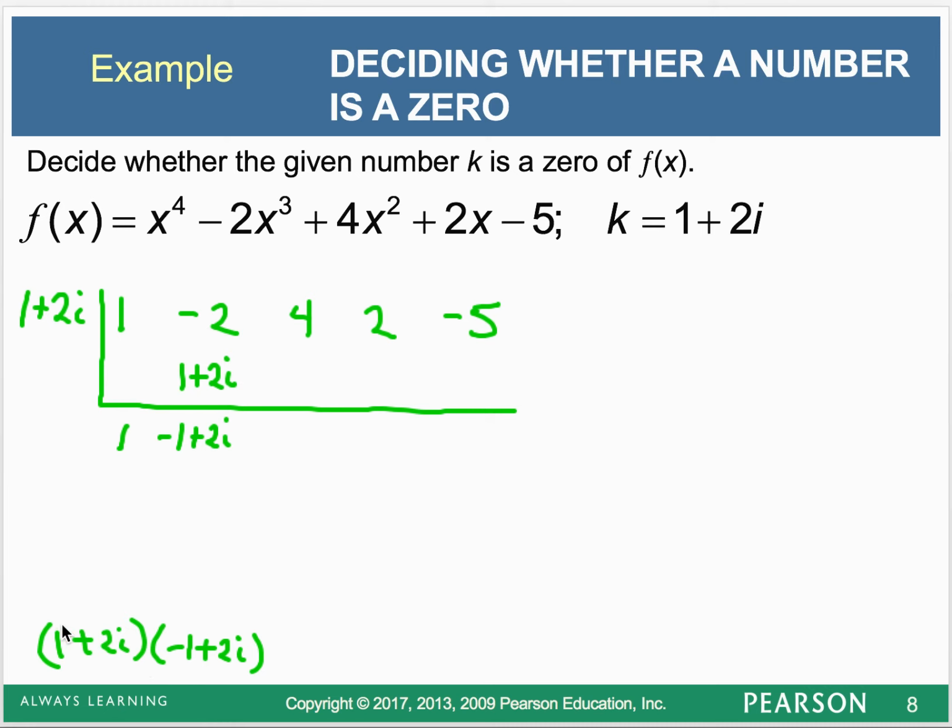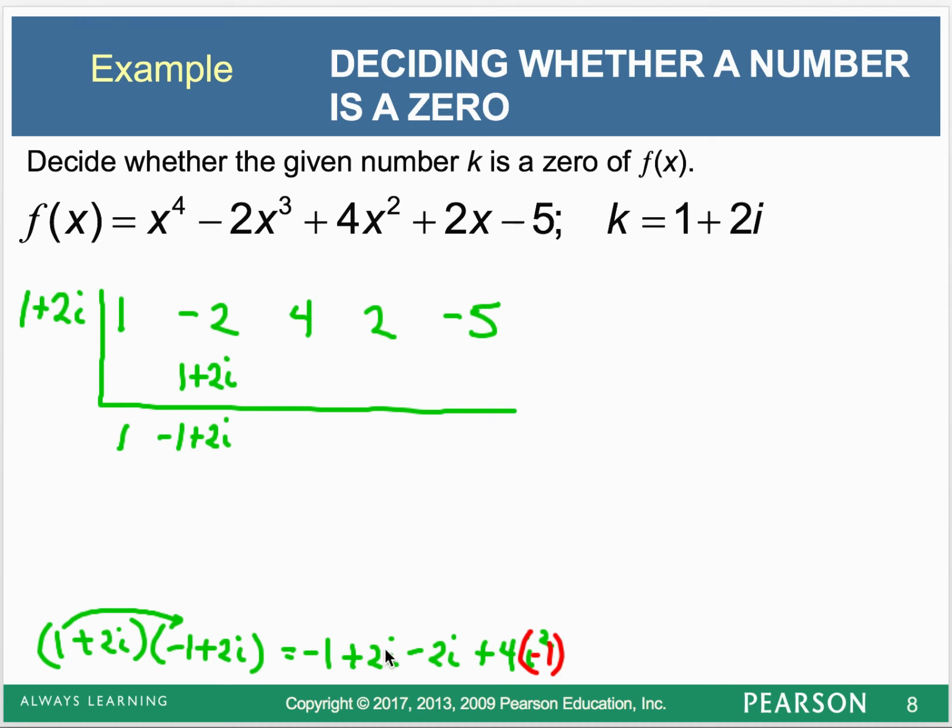In case we don't see that, we just trudge along, do the same thing. So 1 times -1 is -1. 1 times 2i is 2i. 2i times -1 is -2i. 2i times 2i is 4i squared. And remember, every time we see an i squared, it's really -1.